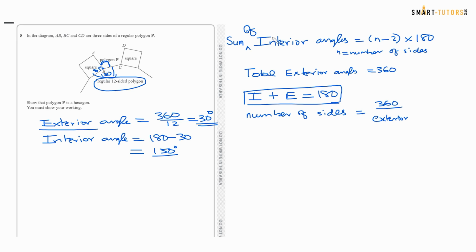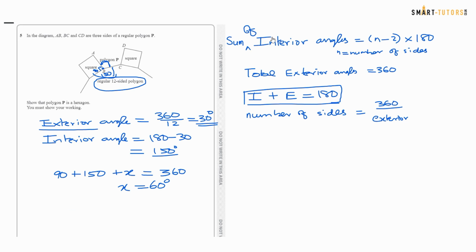So 150 is the angle inside of this polygon. So we can write an equation of 90 plus 150 plus whatever the interior angle of polygon P equals 360.